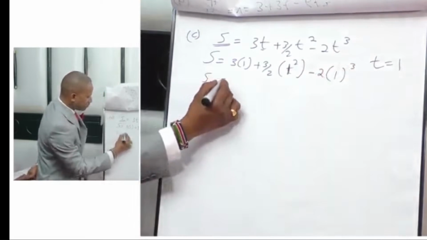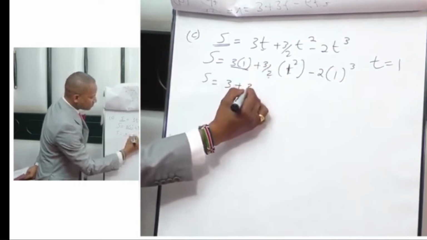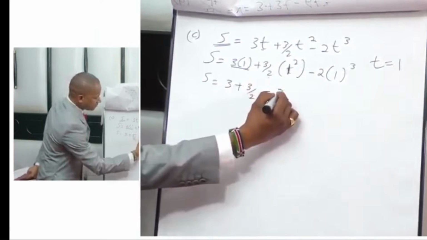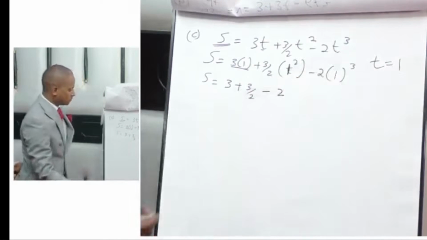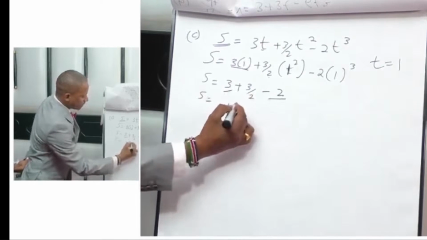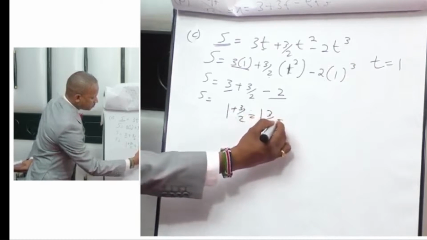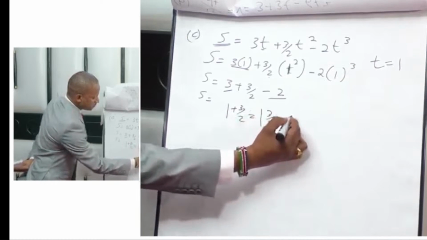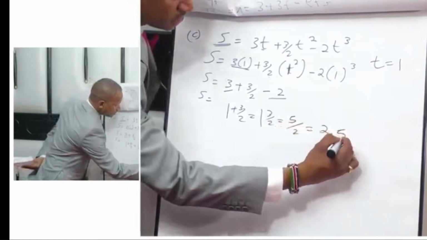So S equals 3 times 1 is 3, plus 3 over 2, minus 2. So S equals 3 minus 2 is 1, plus 3 over 2. This is 1 and 3 over 2, which is 5 over 2, which is 2.5.